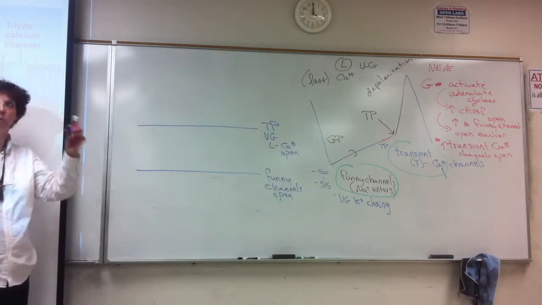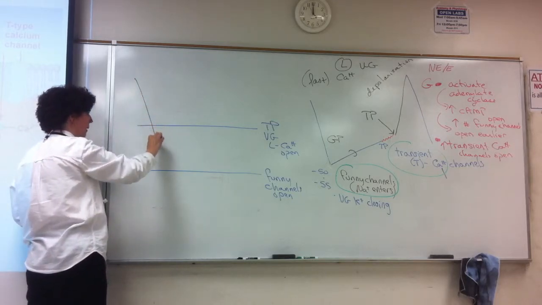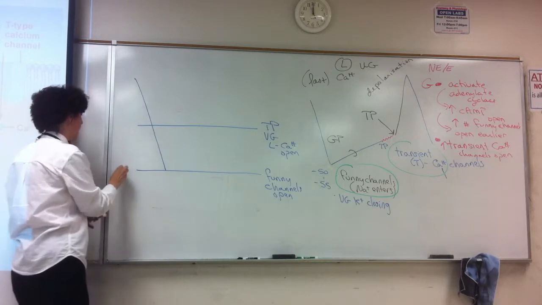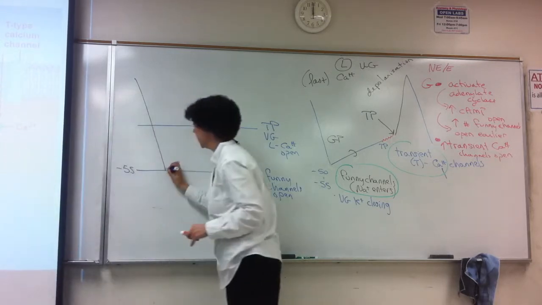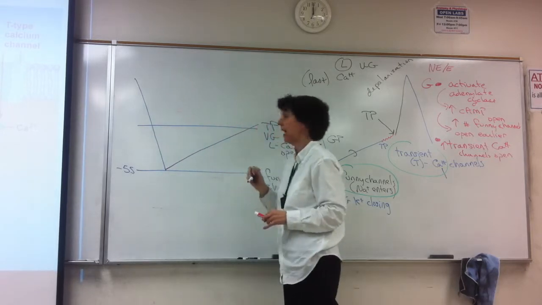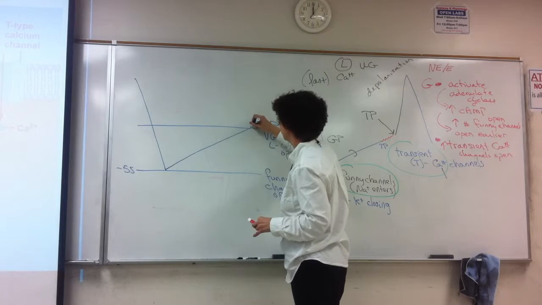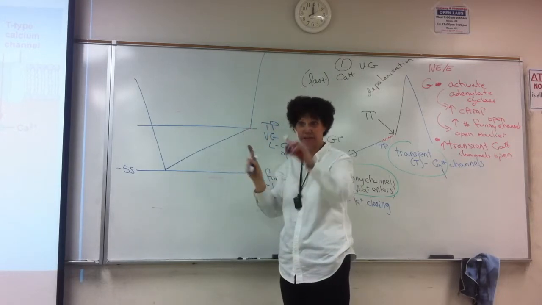So in our normal activity, we depolarize, we reach hyperpolarization, and funny channels open. And then our transient channels open. And then we reach threshold and we see our action potential. So that's standard.